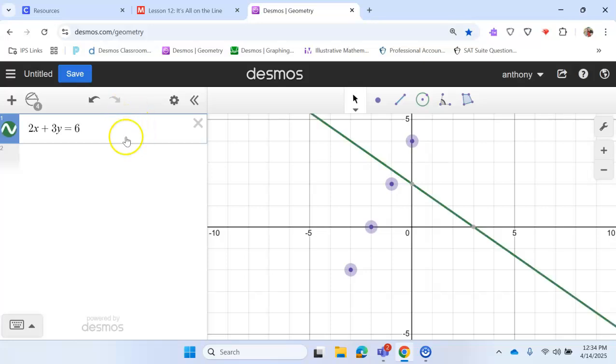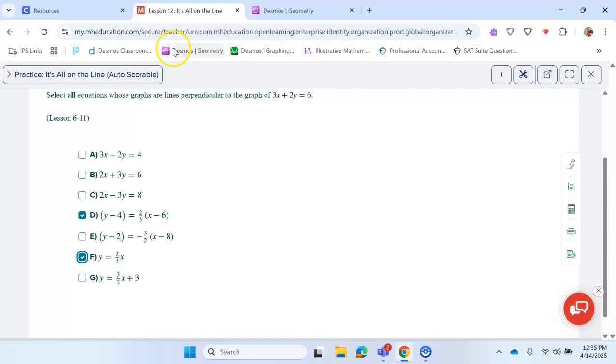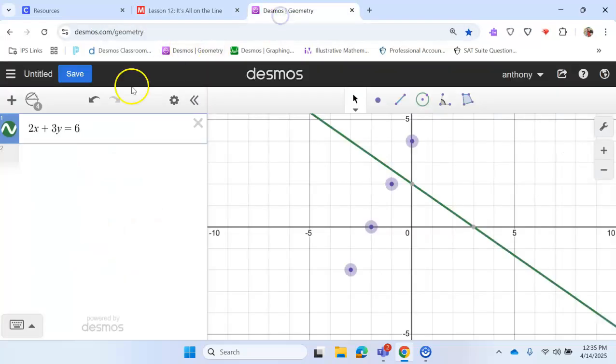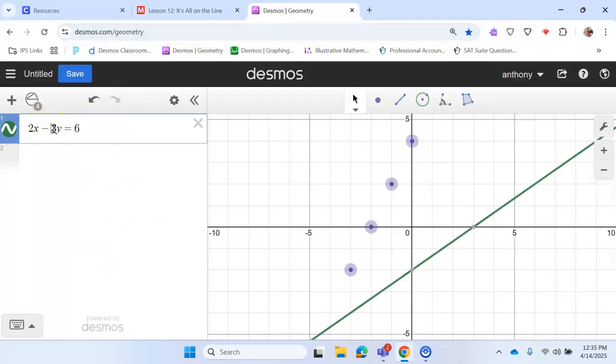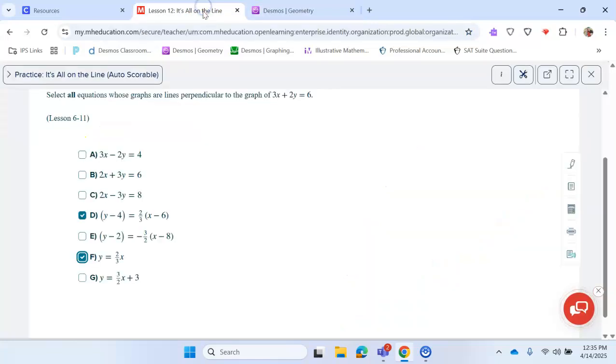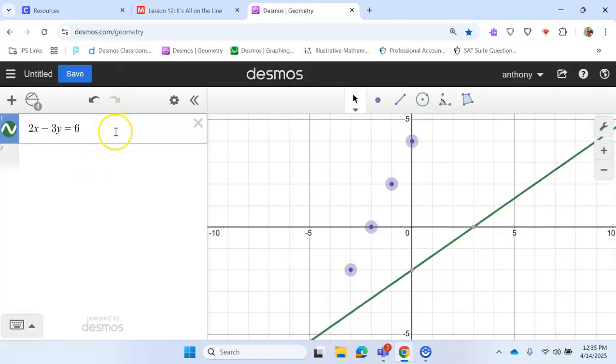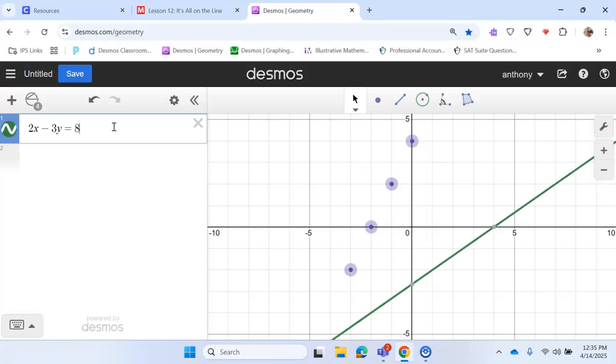You can see that slope is negative. And the last one is 2x minus 3y equals 8. You could see this one has a slope of 2/3, up 2, right 3.